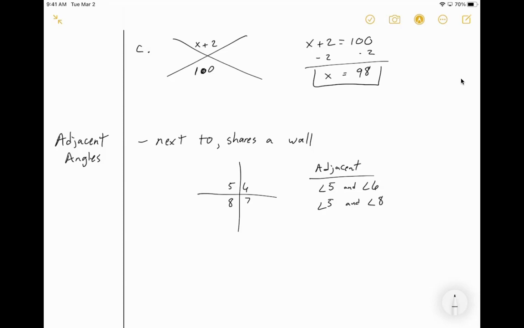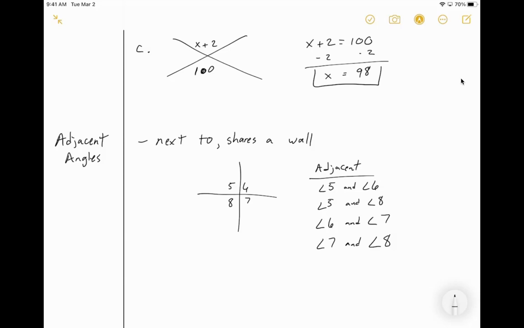All right. So how about angle 6 and angle, very good, angle 7. And lastly, angle 7 and angle 8. Right? Next to. Now, are angle 7 and angle 5 next to each other? No, not angle 7, not angle 5.